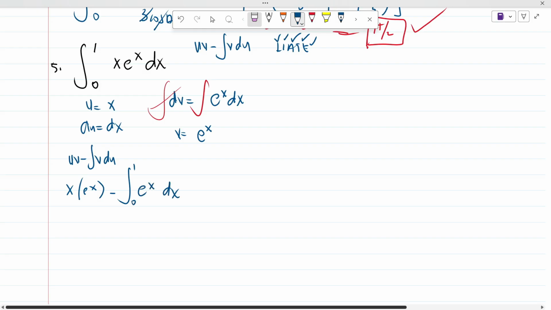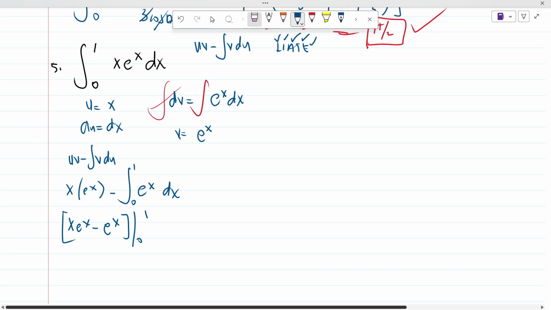So, x e^x minus the integral of e^x dx is what? e^x na lang yan, di ba, guys? Dapat alam pa rin yung how to IBP, guys. Gets? So, next tayo, guys.